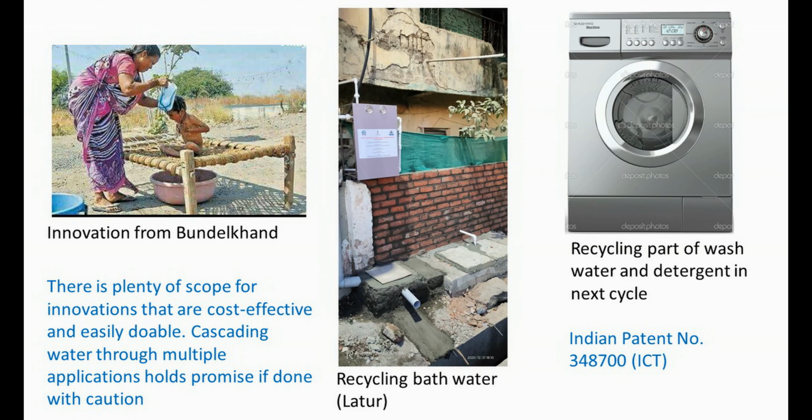There are so many applications where I need water, and I am not looking for very pure water, even slightly soapy water. Or after all the soap has gone, the rest of the mugs of water that you are pouring, you collect that, and that would be fine. So why should I waste the water? It is a commonsensical idea of cascading water through several applications before it's finally discharged.